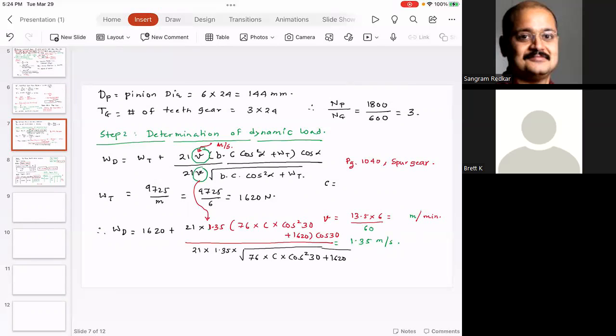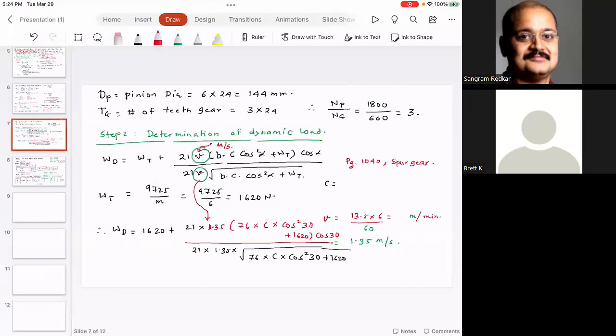Now, what I want you to do is substitute the value of C. Value of C is equal to 114 and value of C is equal to 912, and find out the different values of WD that you get. You should do this exercise just once, and that will make my point clear.